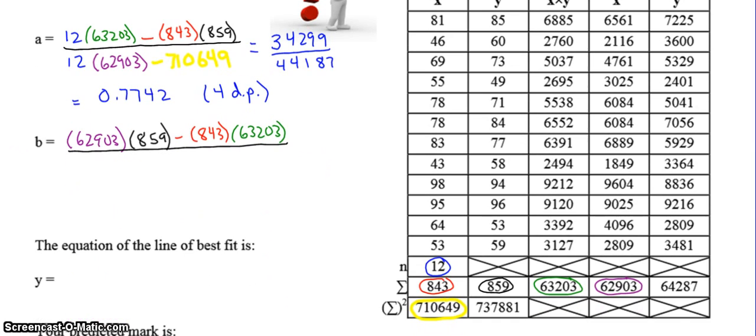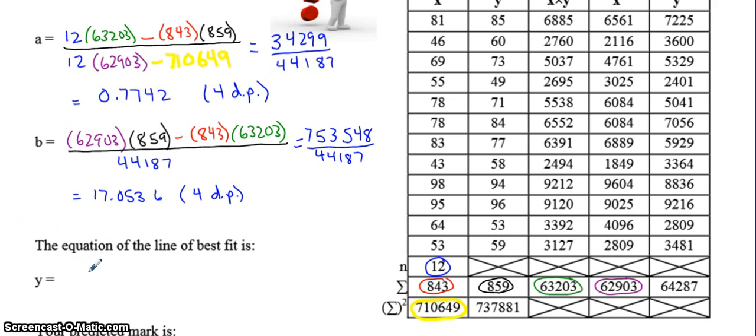So whatever you calculated as your A value, which was 44,187, you can just put in the same as the B. When you calculate the numerator, you get 753,548 over 44,187, and that gives you 17.0536. Again, round to 4 decimal places.